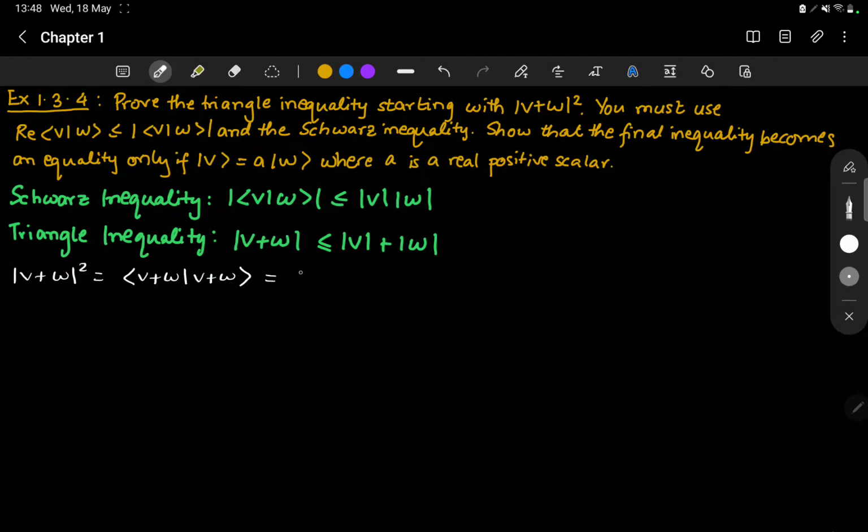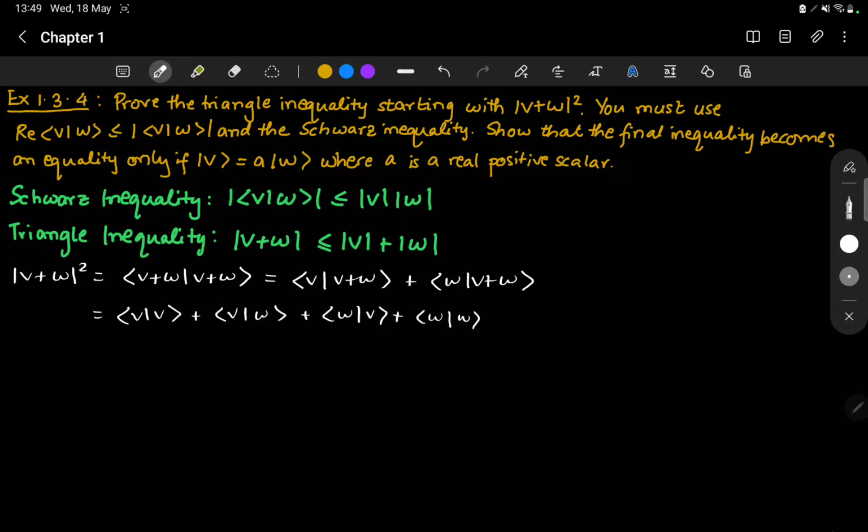Before that I can write down one step. So this is basically this plus this, and further we can open it up as follows. So we have just expanded this mod squared of v plus w in such a format.